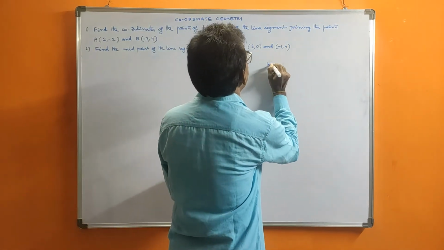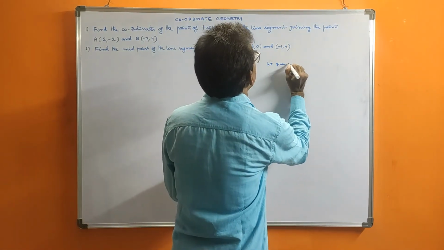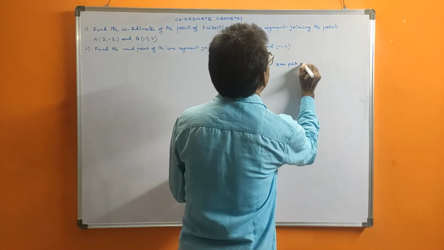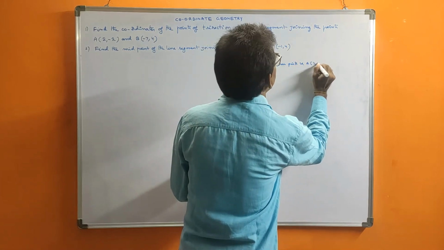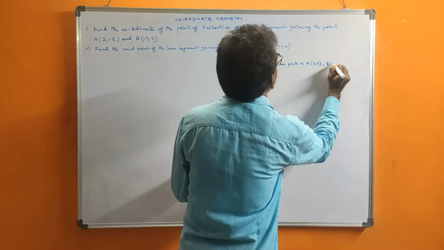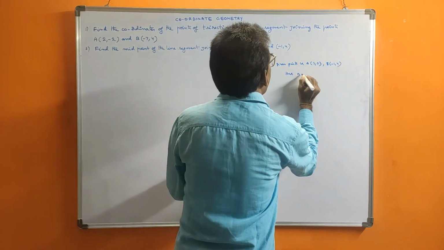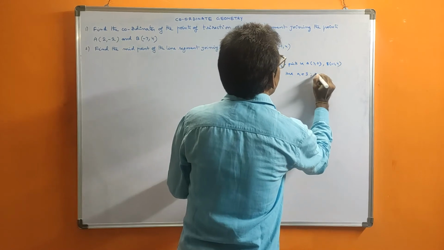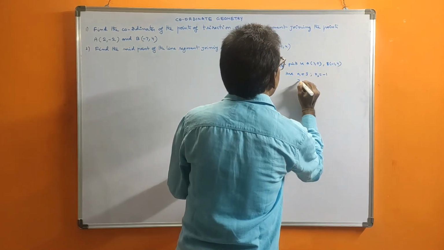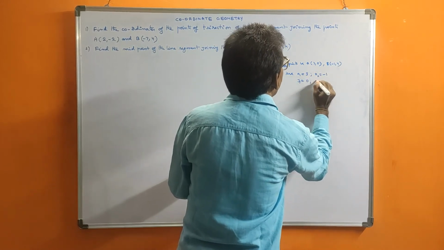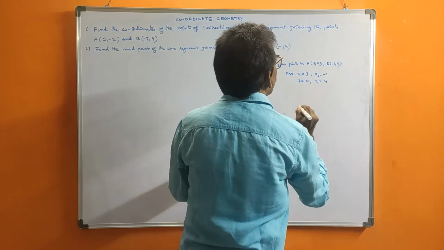Let the given points be A (3, 0) and B (-1, 4). Here x1 is 3, x2 is -1, y1 is 0, y2 is 4.